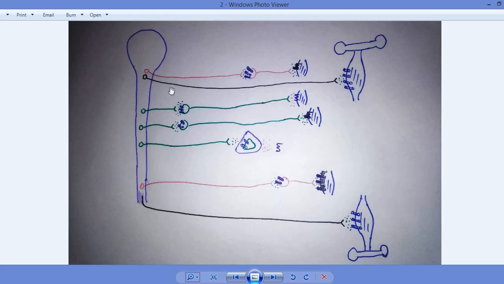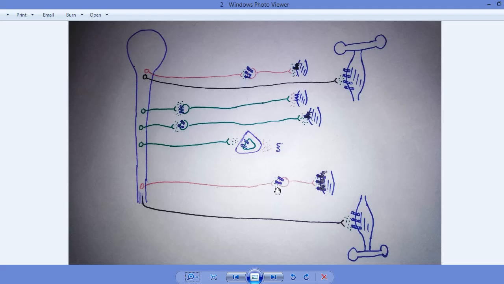Now coming towards the parasympathetic nervous system. First of all, it should be kept in mind that the neurotransmitter secreted in all the ganglia is acetylcholine.